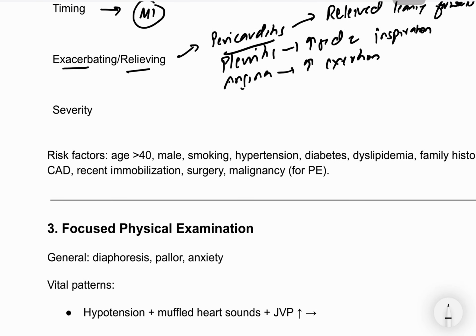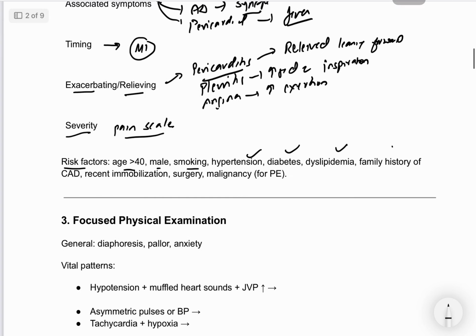Severity: we have to deal with severity with a pain scale. We have to write how severe the pain is. After that, we have to know the risk factors. If a patient is more than 40, male, smoker, with hypertension, diabetes, dyslipidemia, family history of coronary artery disease, by these risk factors we can think the patient might have MI.